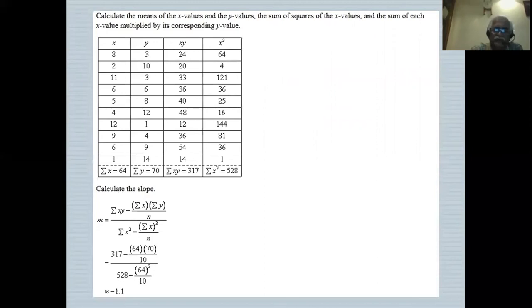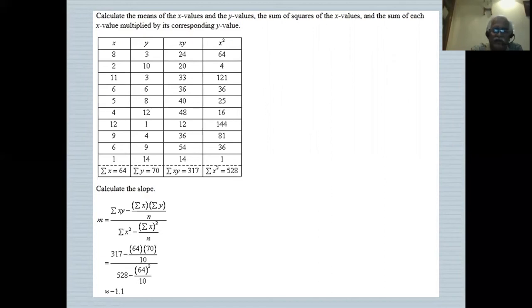So what do we do? First sigma x, sigma y, then x and y, that means each x value with its corresponding y value, 24. And we have to find the sum of squares of x, that is 528. Now you put it in. Sigma x and sigma y are 64 and 70.